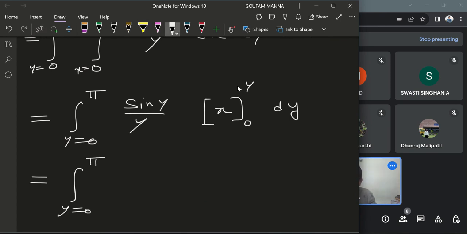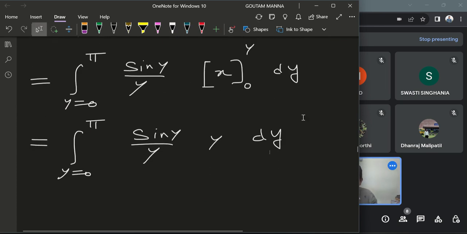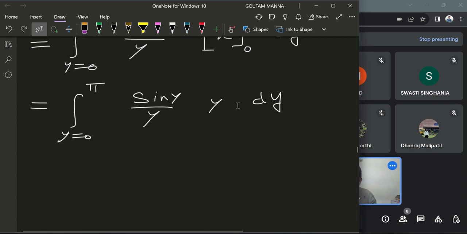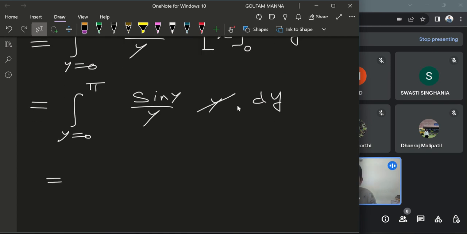If I put the limit, it will be sin y by y times y dy, so this y cancels, and we get the integral from 0 to pi of sin y dy.